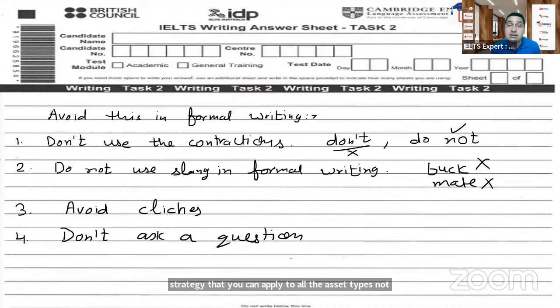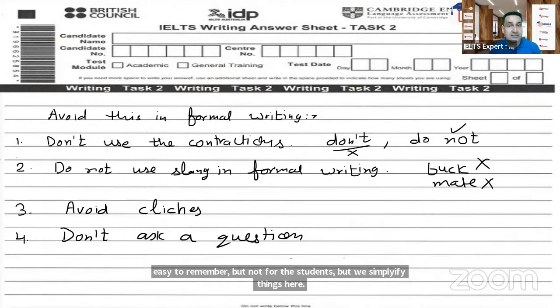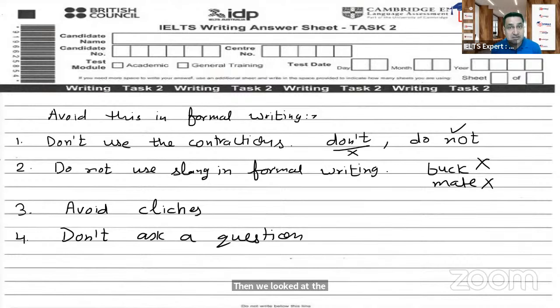Maybe for the IELTS tutor, it's easy to remember, but not for the students. But we simplify things here. Then we looked at the structure that we're going to follow, and the word range. Then we looked at one sample question, one sample answer. Then we looked at the things that you should be avoiding in formal writing. There are a lot more. And when you submit your writing, you would have a far better understanding.